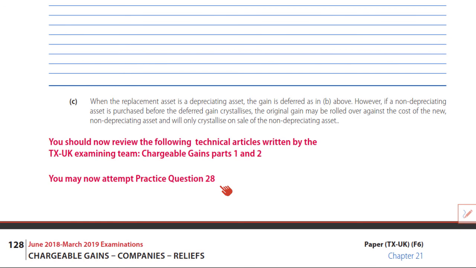Also look at the issue of related 51% group companies that we saw back when dealing with our introduction to corporate tax. All of that should allow you to better deal with the content of Chapter 22, groups. And we look forward to talking you through that again in the very near future.